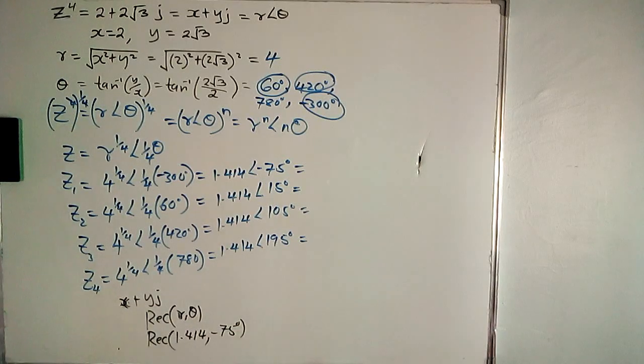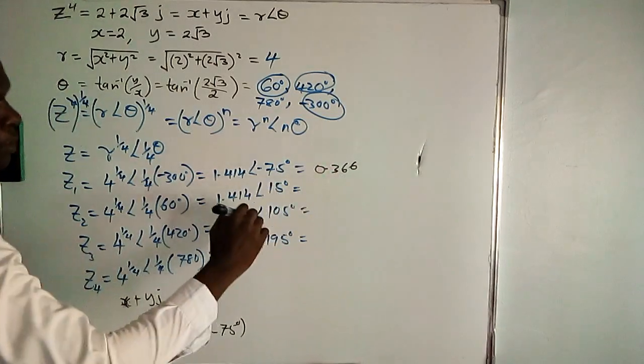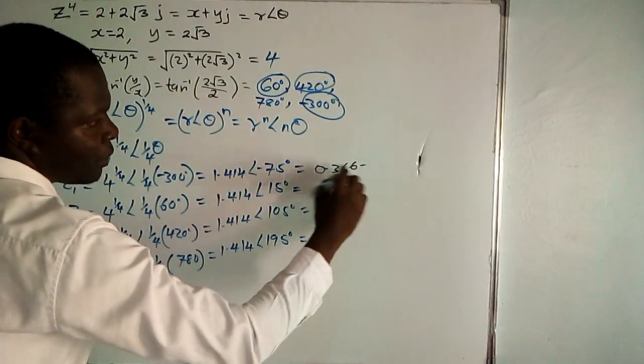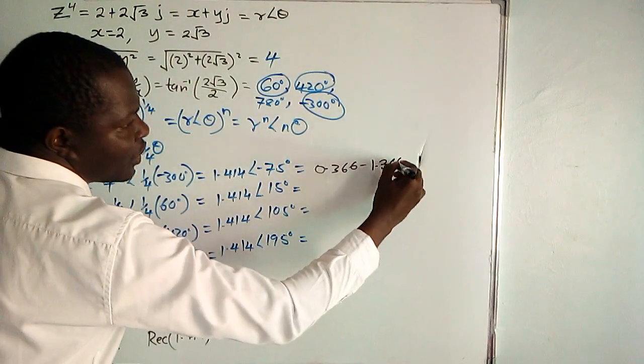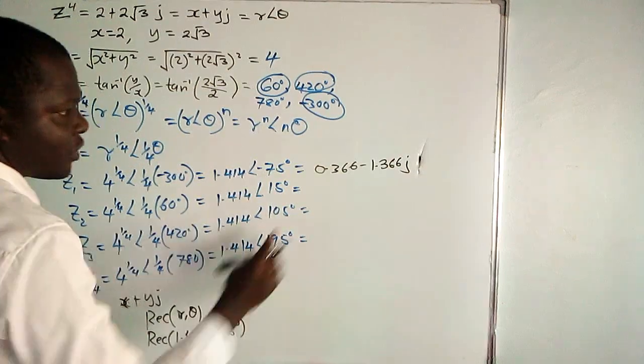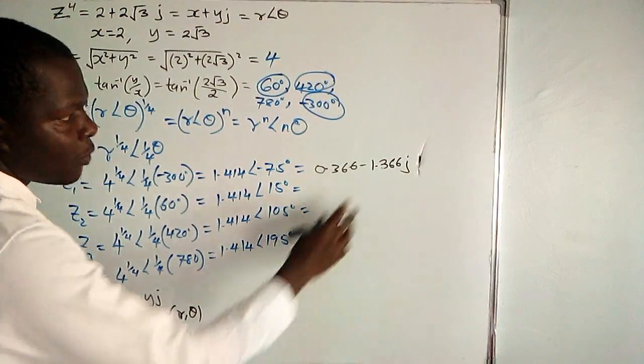You get x to be 0.366. Then y is negative 1.366j. So it is 0.366 minus 1.366j.